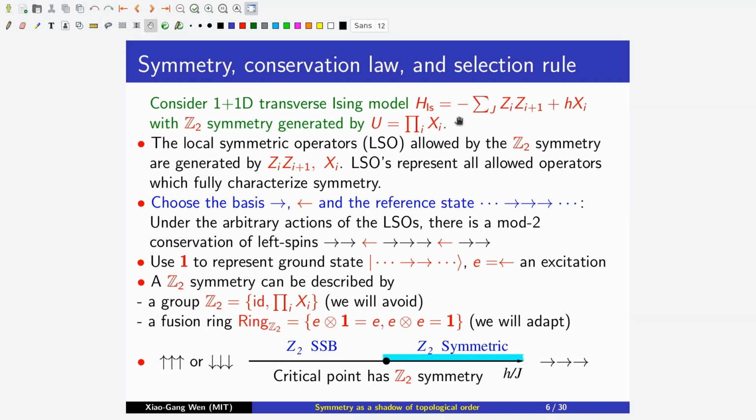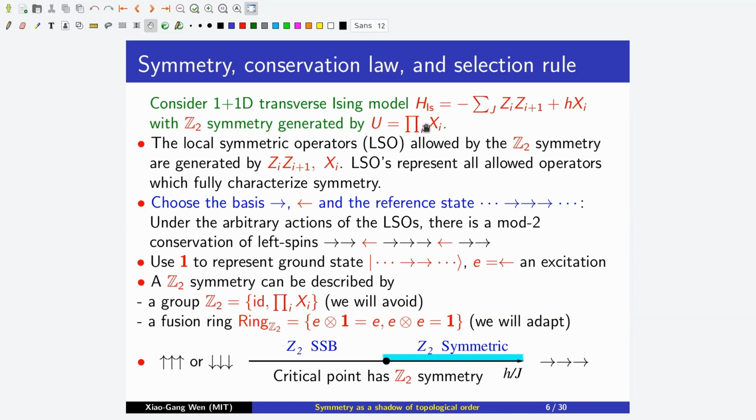So this is a way to describe symmetry using transformation. Here we want to do a shift. We do not want to use a transformation to describe symmetry, but a conservation law. But a conservation law is more like a fusion, as we discussed in the last lecture. So we want to use a fusion ring to describe symmetry.